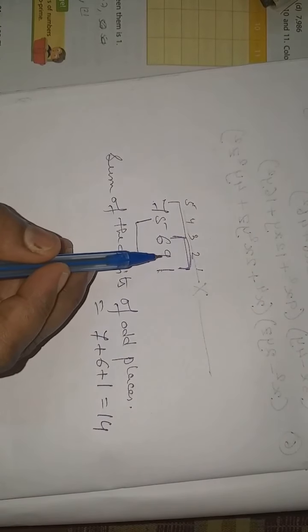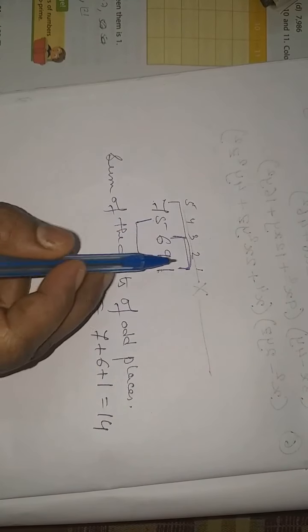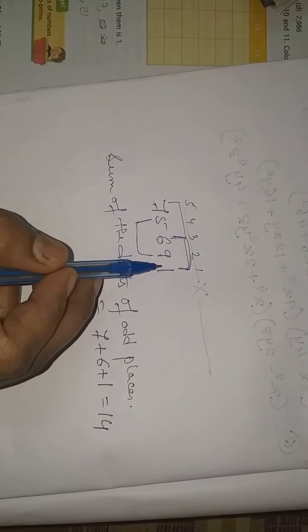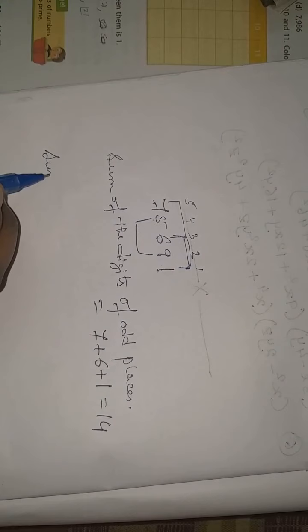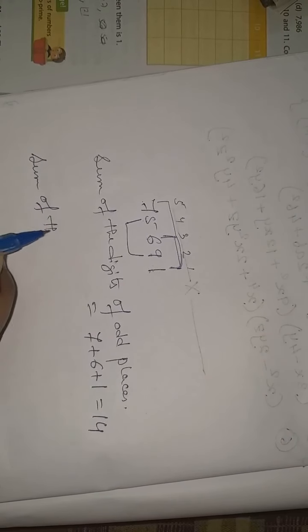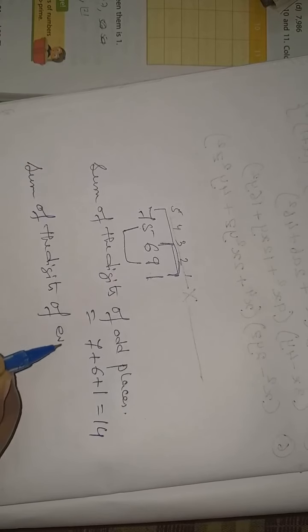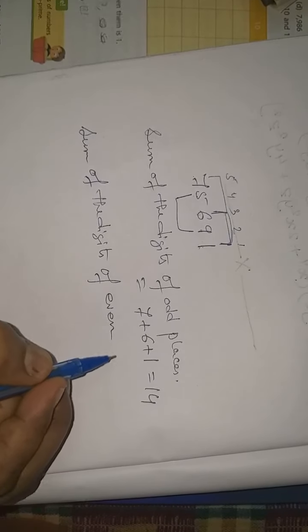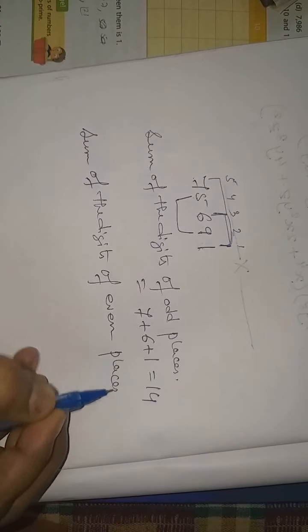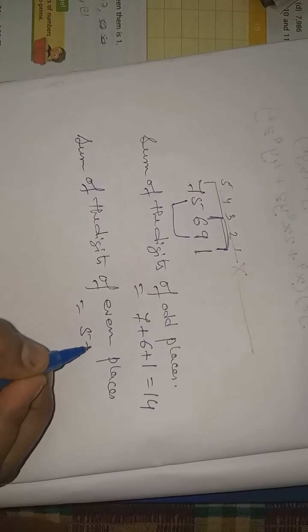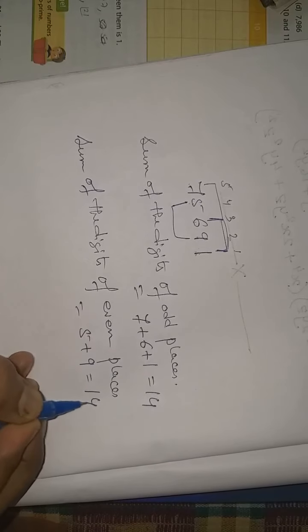These are the 2nd and 4th places. What digits are at the 2nd and 4th places? 5 and 9. So 5 plus 9 is again 14.